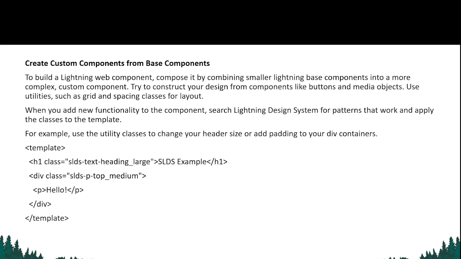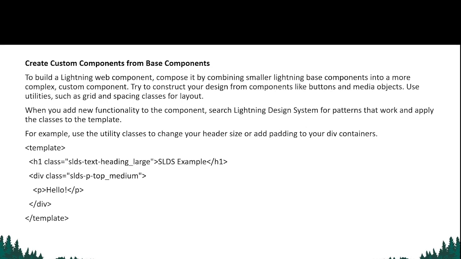So you just have to use the utilities, you have to use the grid and the spacing classes for the layout. Now whenever you want to add a new functionality to the component, you search the Lightning Design System for patterns that will work and apply to all the classes that are displayed inside the template.